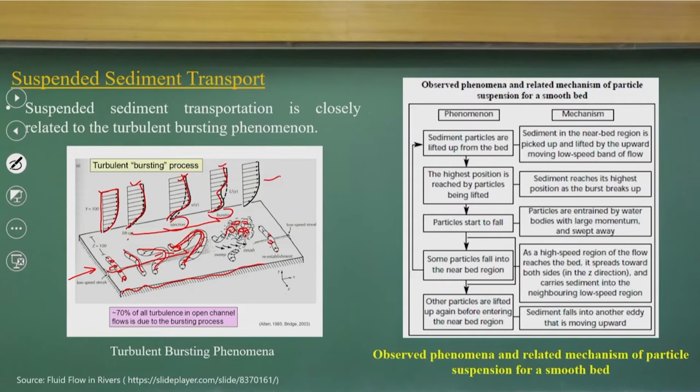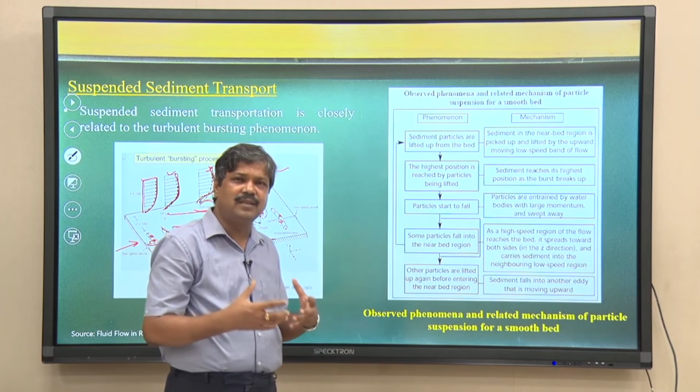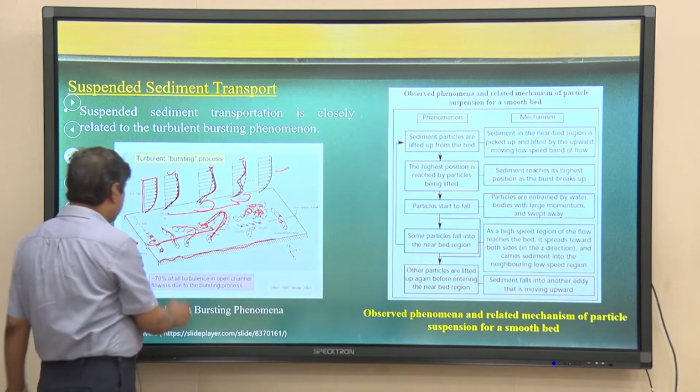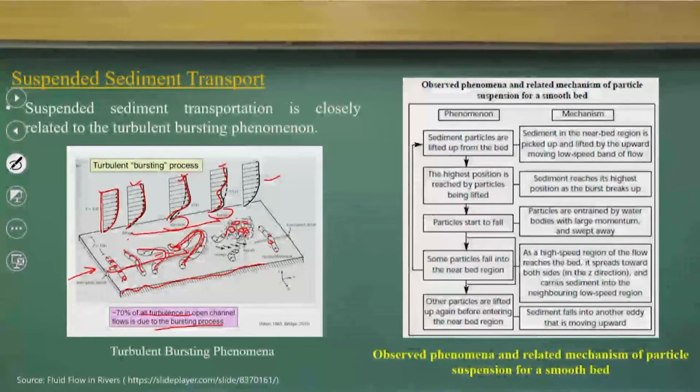So, if you look at the macro scales of the process, what is happening in a river flow, in plumes, where you can really see the process of turbulence bursting, 70% of turbulence in open channel flow is because of the bursting process. These are the studies that have been going on in this decade.